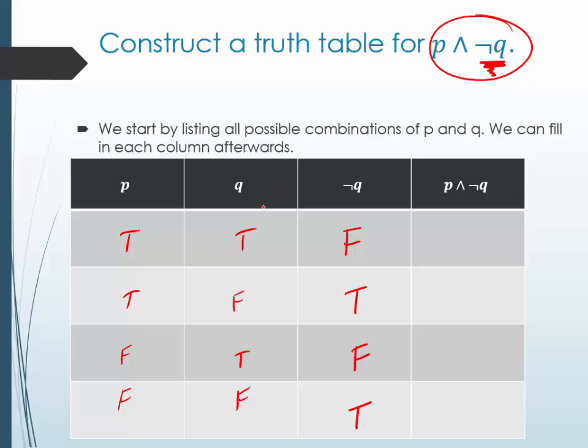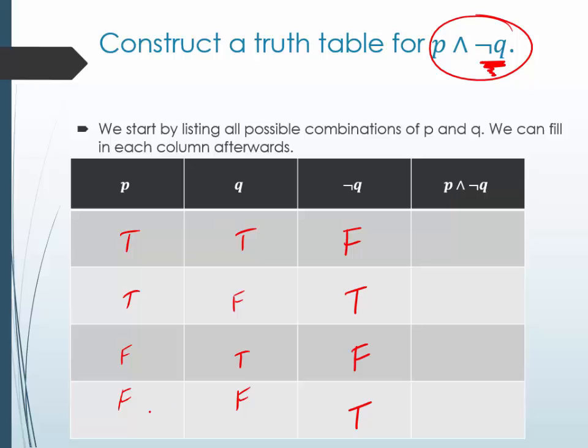Okay? But now it says P intersection negate Q. Before, we would have to go, oh, what does this look like on a Venn diagram? But we know something about intersection. What do we know about conjunction? It needs to be true, true. So it doesn't matter what it is, P and Q, whatever. True, true is what we're looking for.